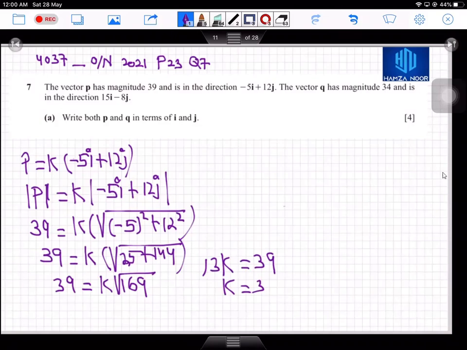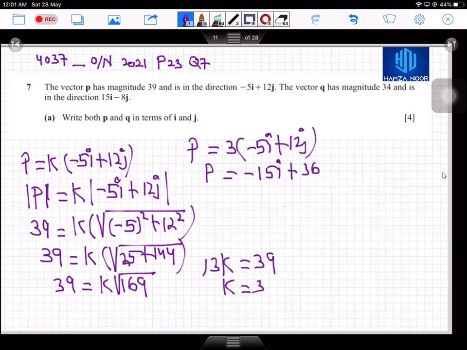Now, once we are able to tell that the scalar multiple is 3, we can say that vector P is equal to 3 times minus 5i plus 12j. So vector P is minus 15i plus 36j. As simple as that. Same working we are going to do for the vector Q now.